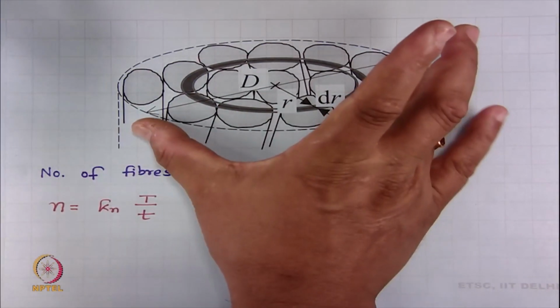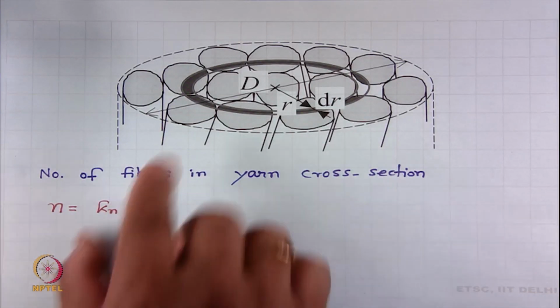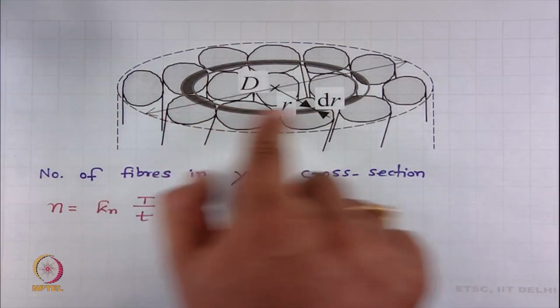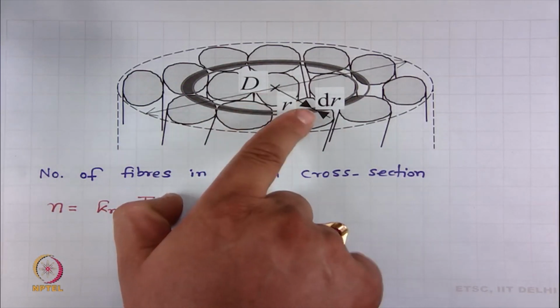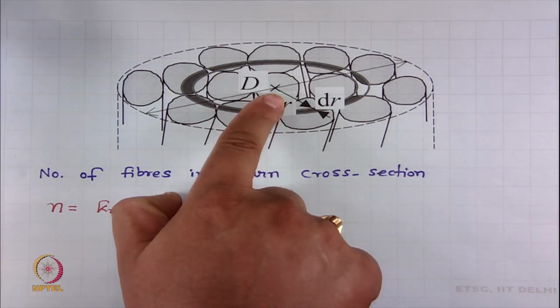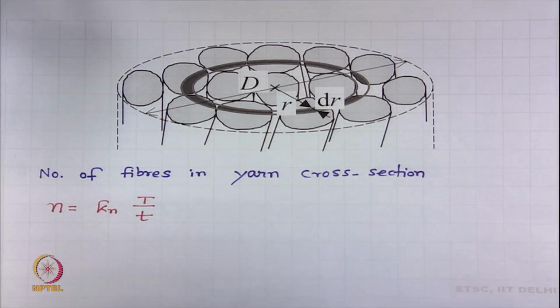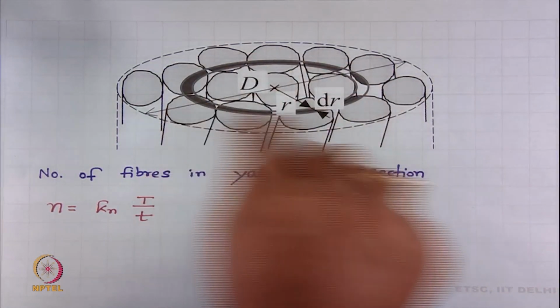This is the yarn diameter, and we see one thick annular ring which is situated at a distance r from the yarn center, and the thickness of this annular ring is dr. That means, first we will find out how many fibers are present in this annular ring.